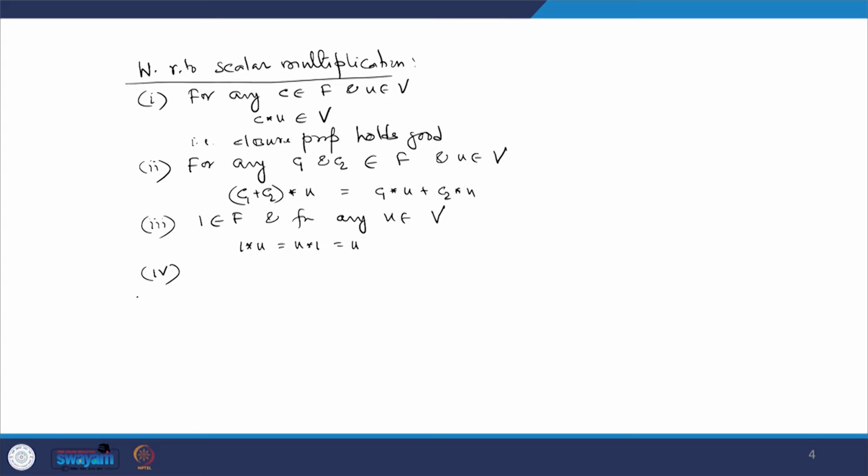Fourth one: for any C belonging to capital F and u as well as v belonging to capital V, C star (u plus v) equals C star u plus C star v. That is, the distributive property over addition also holds good.